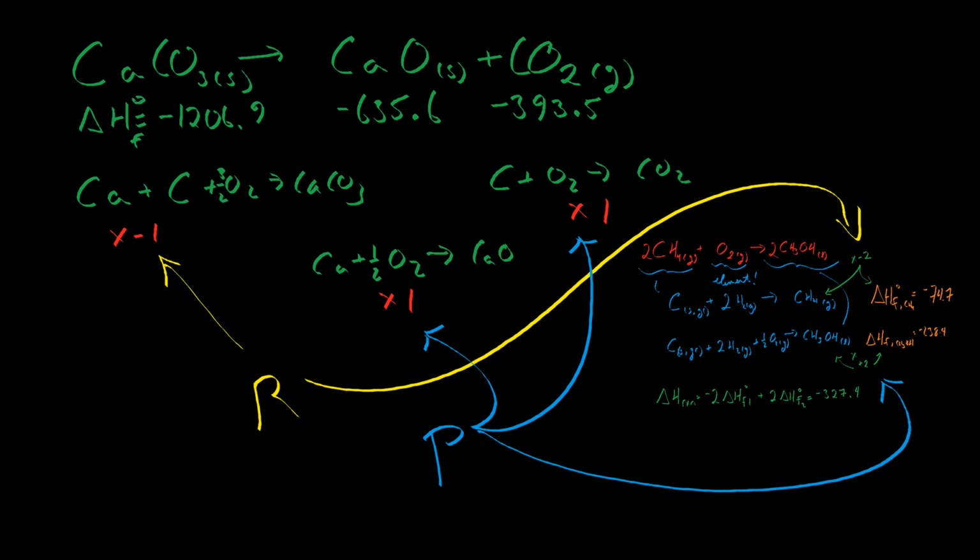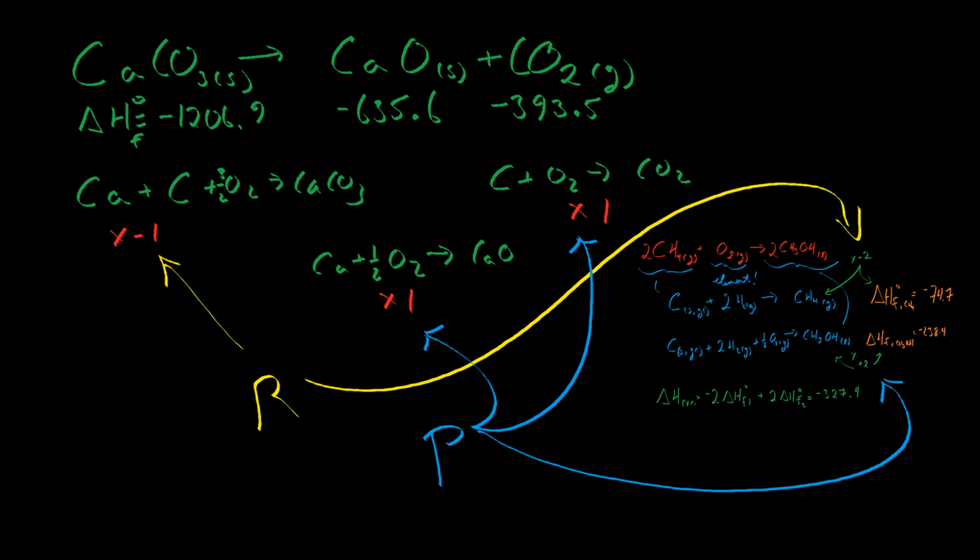And that is always going to be the case when you're doing an enthalpy of formation style problem. Reactants get multiplied by negative numbers, products get multiplied by positive numbers. The other thing is that we're always multiplying them by the coefficient directly out of the reaction. So methane has a coefficient of 2. It's a reactant, so it gets multiplied by -2. Methanol is a product with a coefficient of 2, so it gets multiplied by +2.